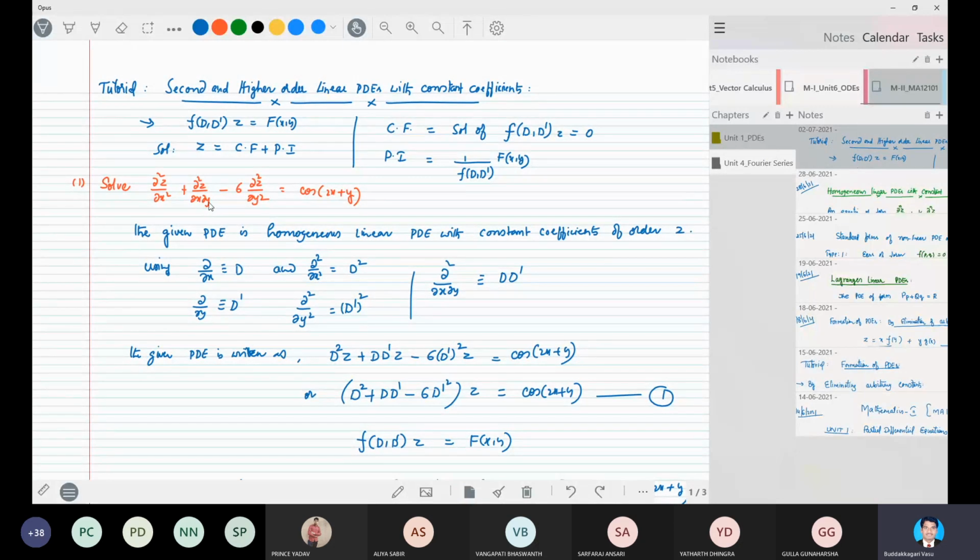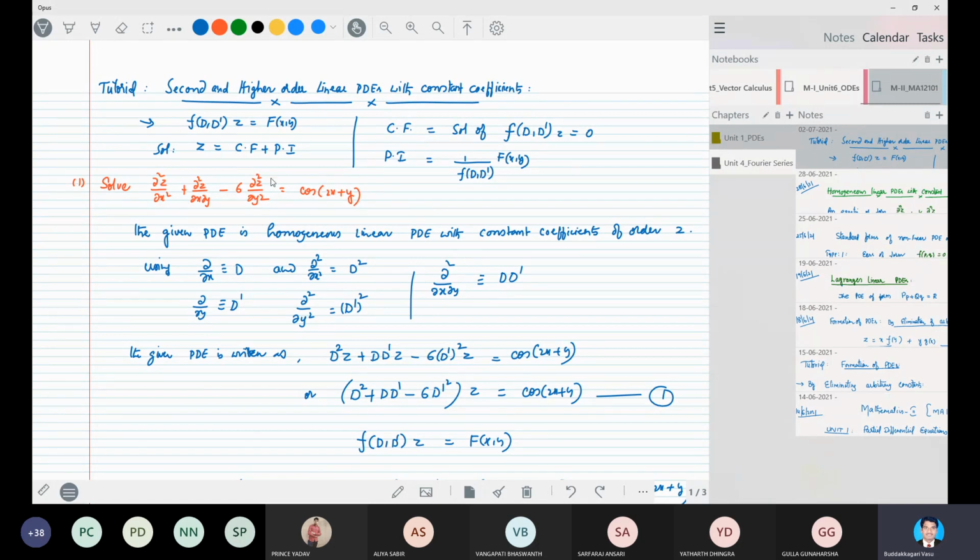Now let's take questions for solving the higher order PDEs using the methodology we have discussed earlier, right? Do this problem.